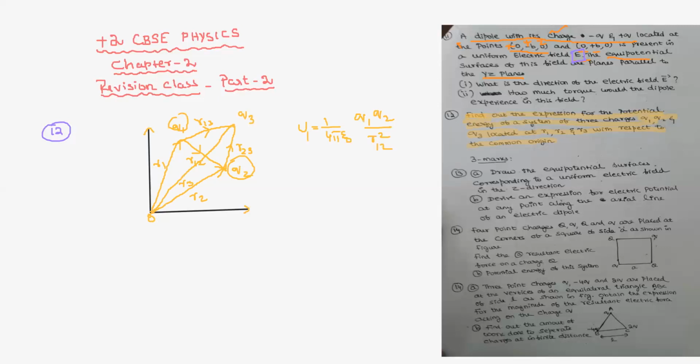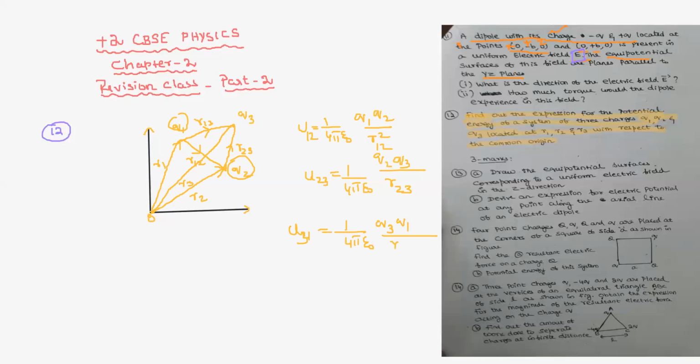U23 is equal to 1 by 4 pi epsilon naught q2 q3 by r23, and U31 is equal to 1 by 4 pi epsilon naught q3 q1 by r13.